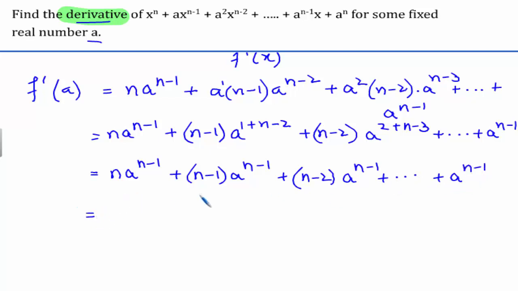Now we see that a raised to the power n minus 1 is common in all the terms. Therefore, taking this as a common factor, we are left with n plus (n minus 1) plus (n minus 2) plus so on up to 1.